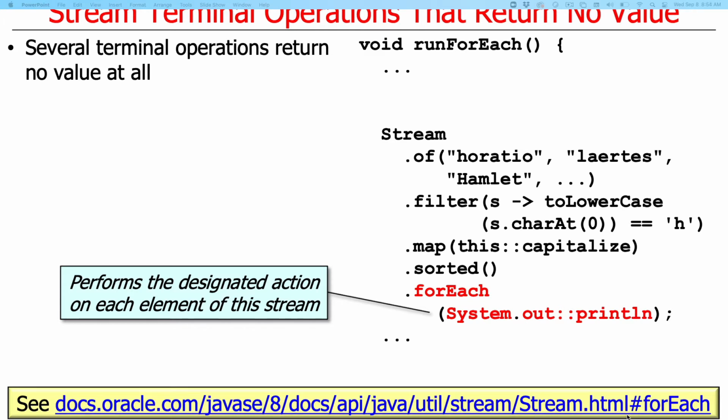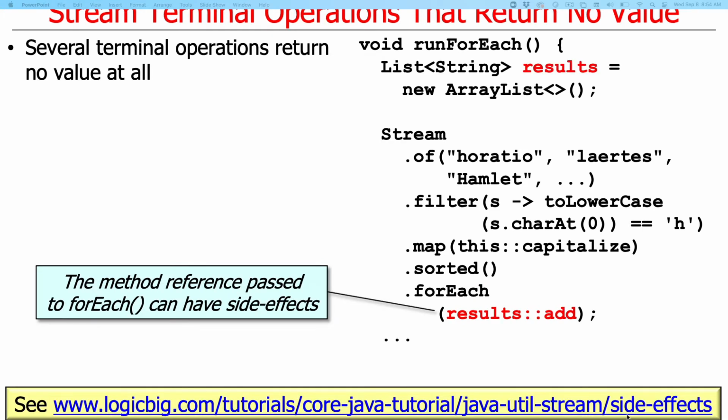So remember, we've got Horatio and Hamlet will make it that far, and they'll be sorted and consistently capitalized. Println is the method reference that we're going to pass in that's going to actually consume the results. What's interesting about forEach is it expects the method reference that it's passed to have a side effect. Most of the other parts of streams don't want side effects.